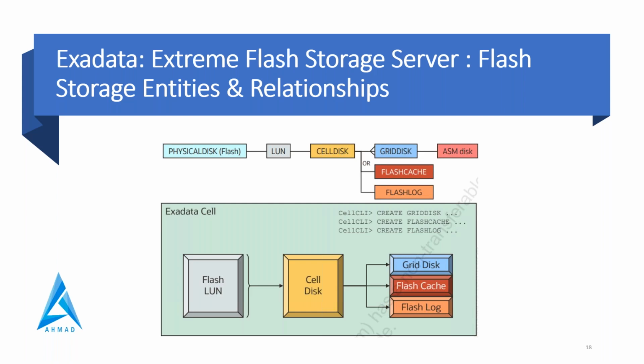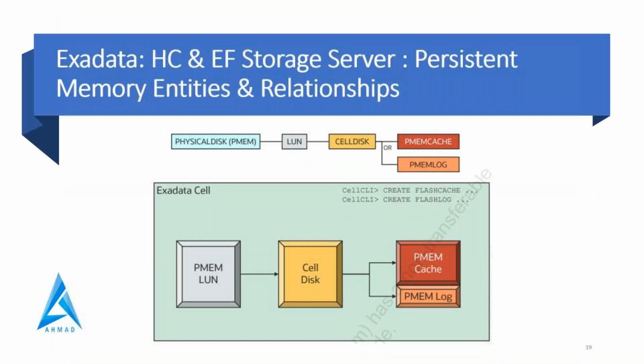This space is allocated to grid disks that are exposed to ASM in the same way as the disk space from a high capacity storage server, and all of the remaining 5% is allocated to Exadata Smart Flash Cache, and a small amount is allocated to Exadata Smart Flash Log. So this is the important point regarding flash cache, flash log, and grid disk.